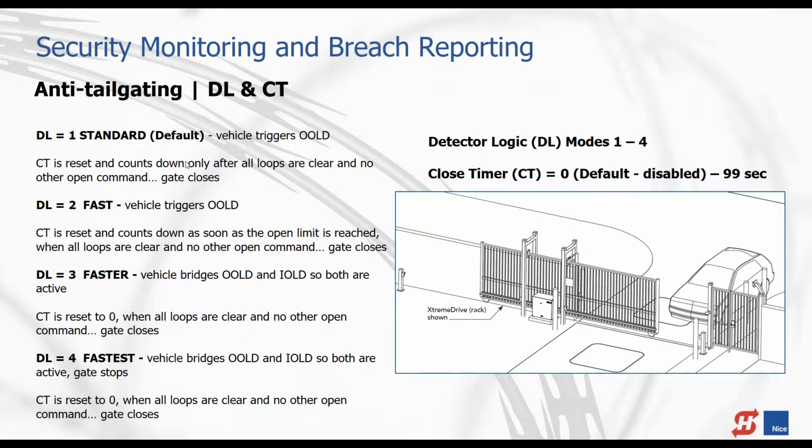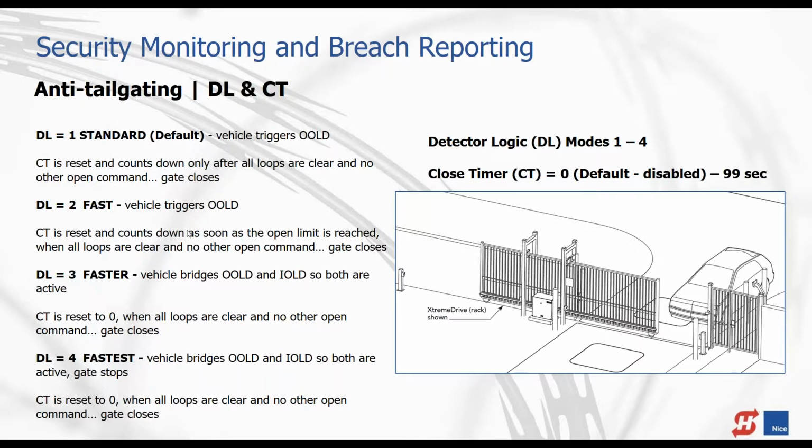The standard or default setting for the detector logic is 1, which means once the vehicle passes through and it's on that first outside obstruction loop, and you see here I show a vehicle sitting on that outside obstruction loop, it resets the timer. The car passes through, it crosses both those loops, and once it's free of the loops, the close timer counts down, and that closes the gate.